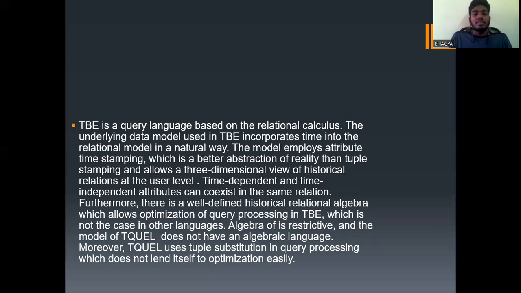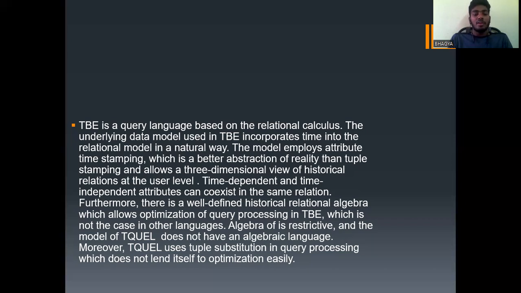TBE is a query language based on the relational calculus. The underlying data model used in TBE incorporates time into the relational model in a natural way. The model employs attribute time stamping, which is a better abstraction of reality than tuple stamping, and allows a three-dimensional view of historical relations at the user level.